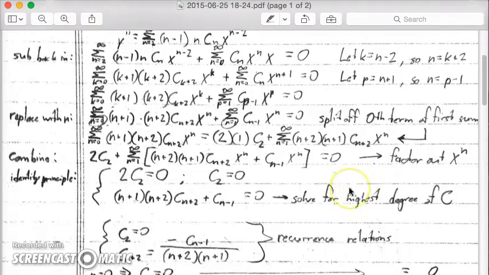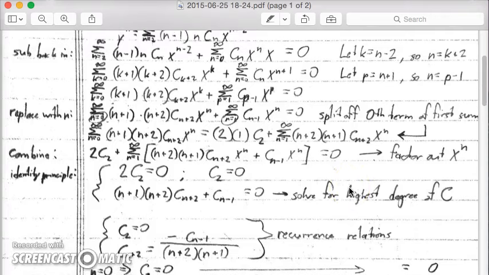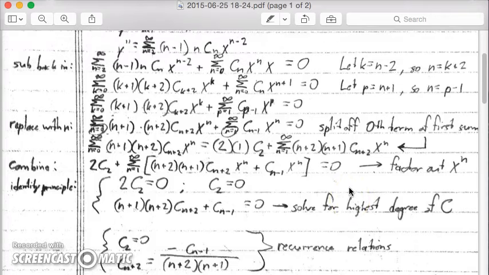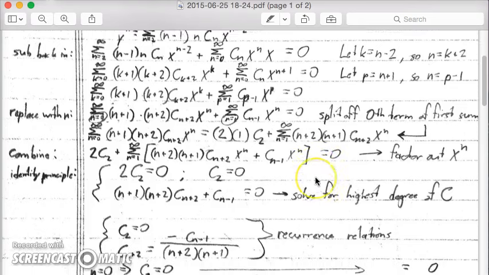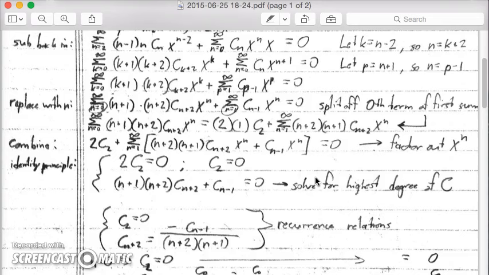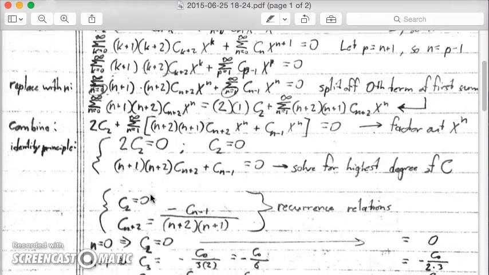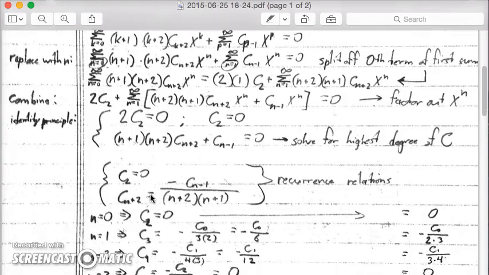Factor out the x to the n, and our identity principle gives us two things. It gives us 2 times c2 equals 0, and it gives us n plus 1 times n plus 2 times c sub n plus 2 plus c sub n minus 1 equals 0. We need to solve for the highest degree of c.